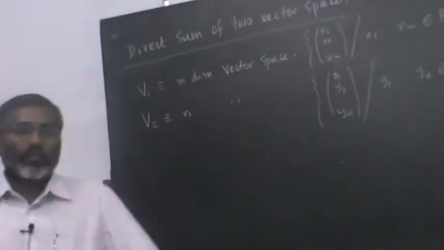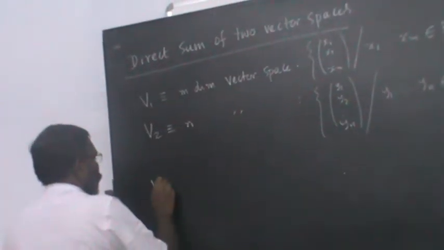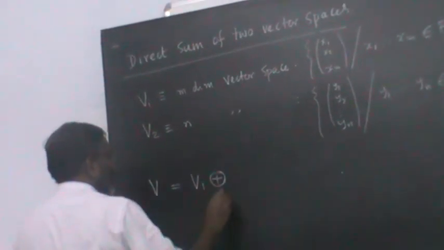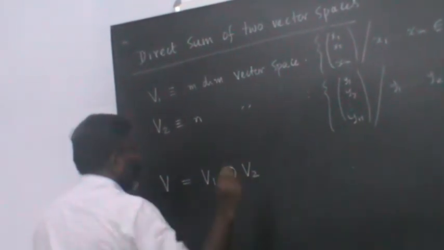Now we can define V, and we write it like this: V1 direct sum V2. Okay, V1 direct sum V2 is a vector space.